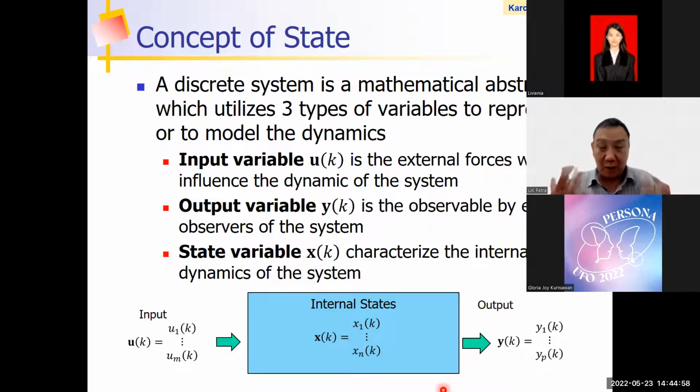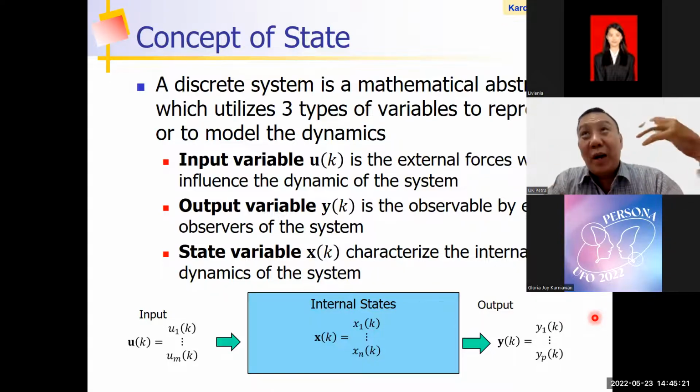I hope you can understand this, because if you don't understand this, it's very difficult to go further. What do you understand, Livy, Joy, based on this? Tell me what you understand in your own words.